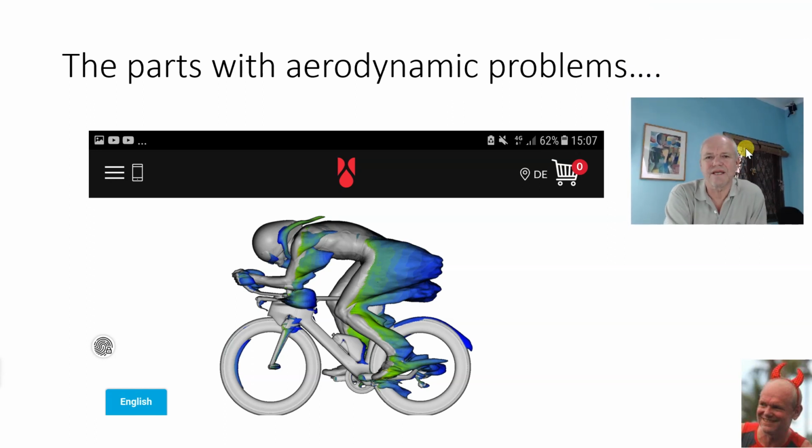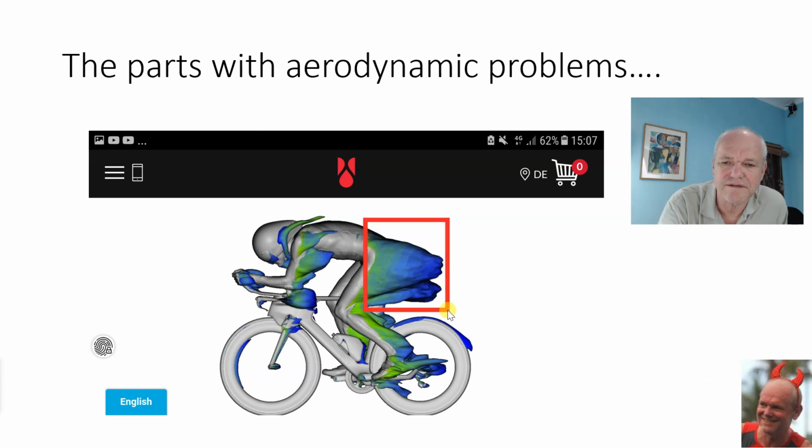Here, a picture from Swiss Side, that is already an aerodynamic position, and you can see the problems in aerodynamics, even in this aerodynamic position. If we look at that, you can see that very important is this part.